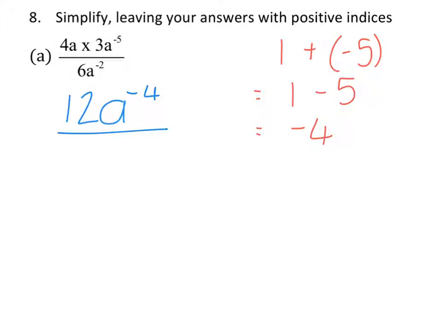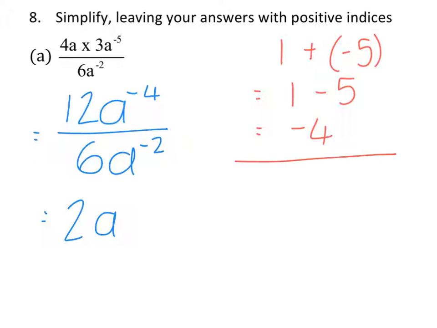So next thing we want to do is divide that by 6a to the power negative 2. So when we are dividing, we subtract the indices. So first of all, we have our 12 divided by our 6, which is 2. In order to find the power on our a, we remember that because we're dividing, we're going to subtract the indices.